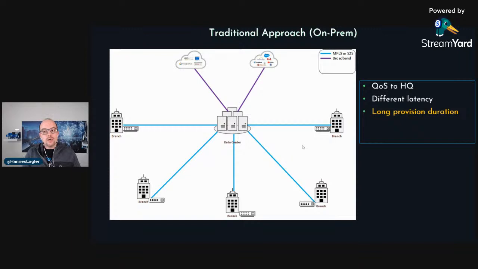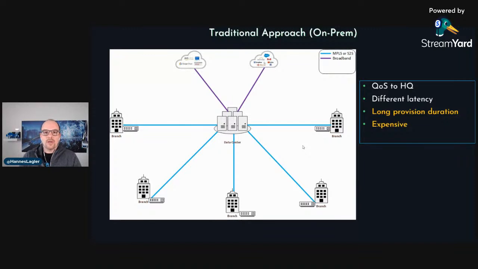We have a longer provisioning duration. So think about MPLS: when you have a new branch office and you want to implement it in an existing MPLS environment, it could take months. It's expensive. A regional MPLS, from an Austria perspective, is not so expensive.